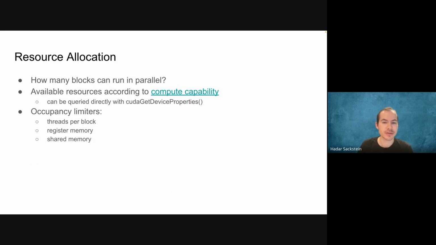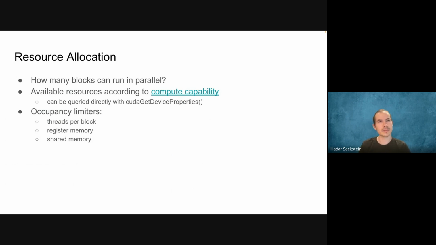So now let's dive into the interesting part, the actual resource allocation. When we're writing a kernel, we want it to utilize the entire GPU. So we want the maximum number of threads to be able to run in parallel.